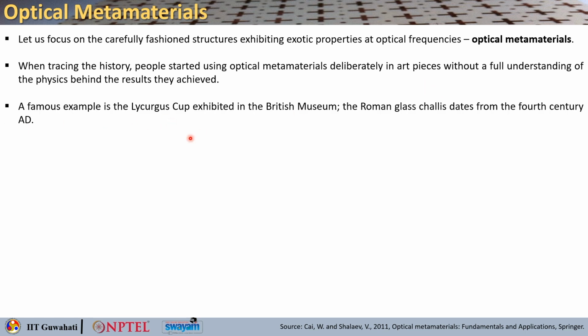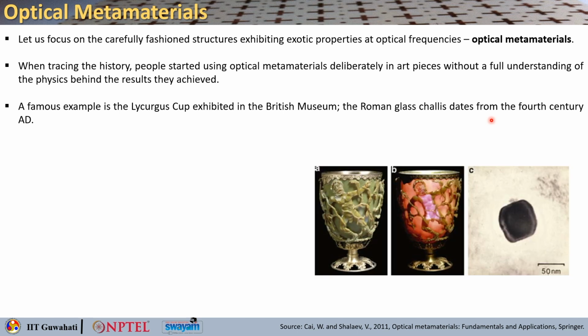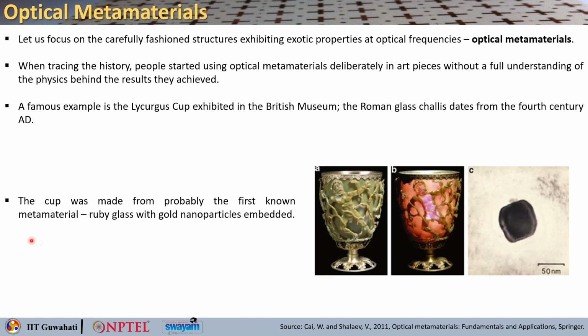A famous example is the Lycurgus cup, still on display in the British Museum. It is a Roman glass from the 4th century AD. This cup was made from probably the first known metamaterial, ruby glass with gold nanoparticles embedded.